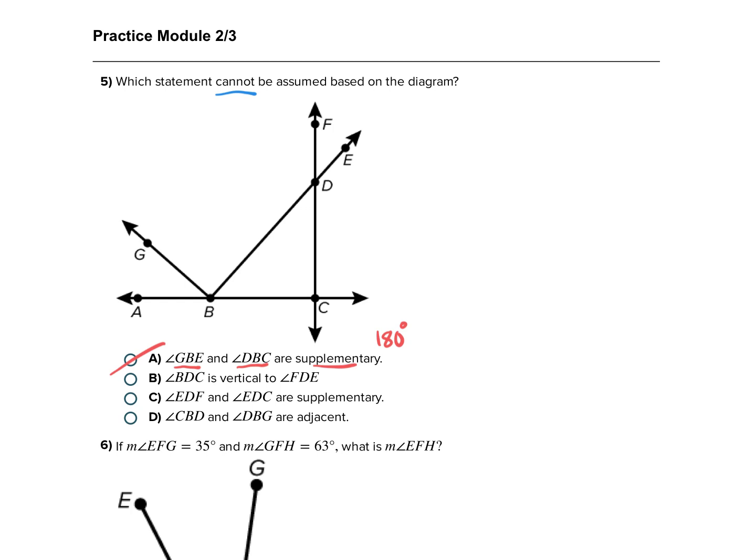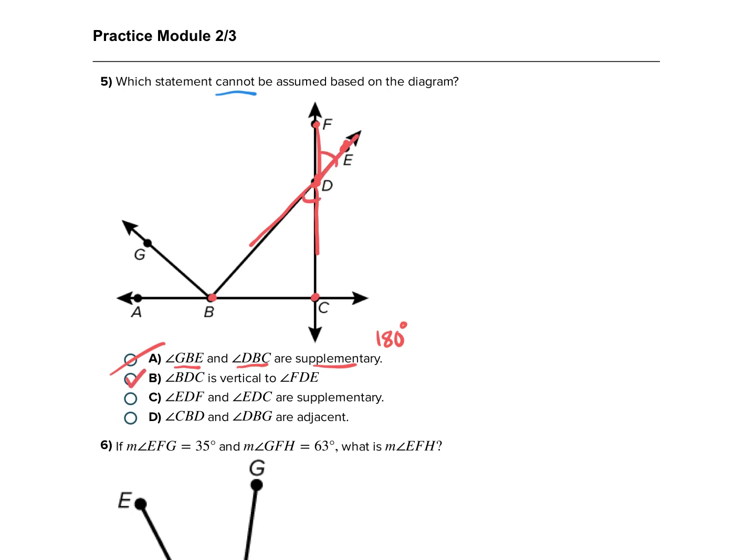Okay, option B. BDC is vertical to FDE, yes. Okay, so those are vertical.